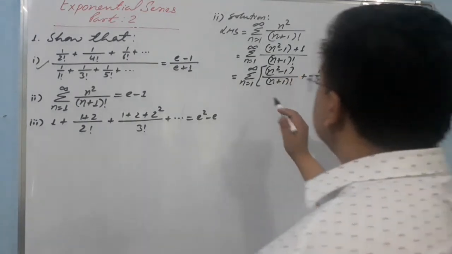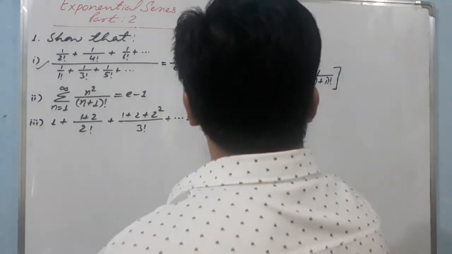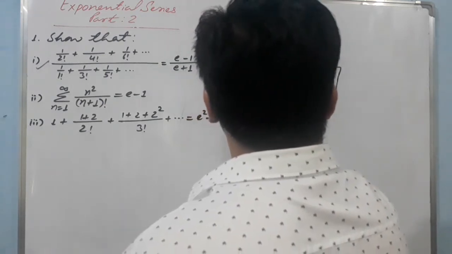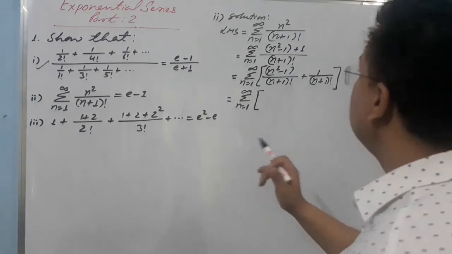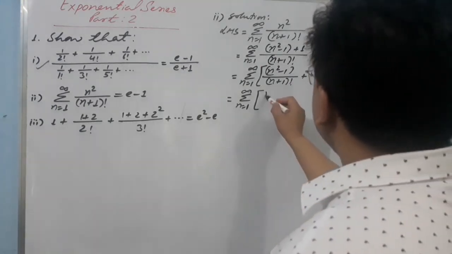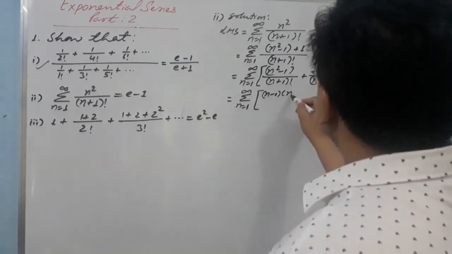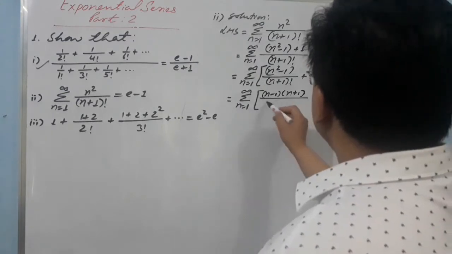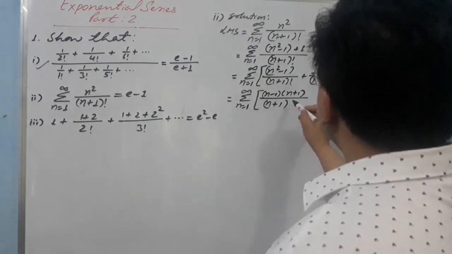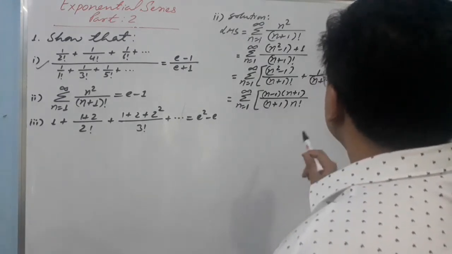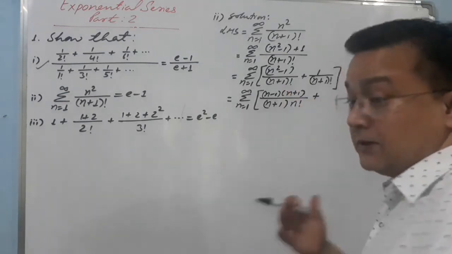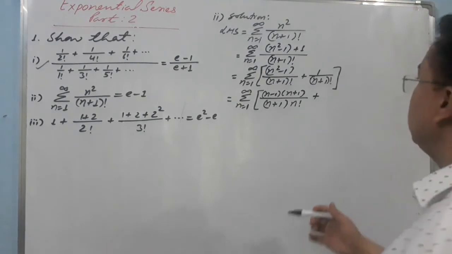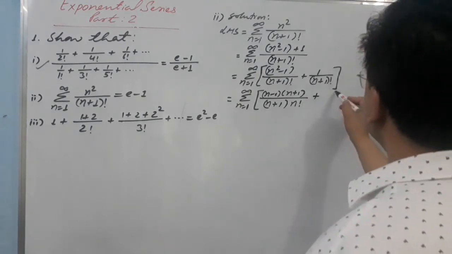Now let's simplify this one. Here sigma n = 1 to infinity. I'm not skipping any step; I'm going to tell you in detail. (n - 1)(n + 1), and here you may write (n + 1) and n factorial, right? Stepwise, because (n + 1) factorial is (n + 1) times n factorial.